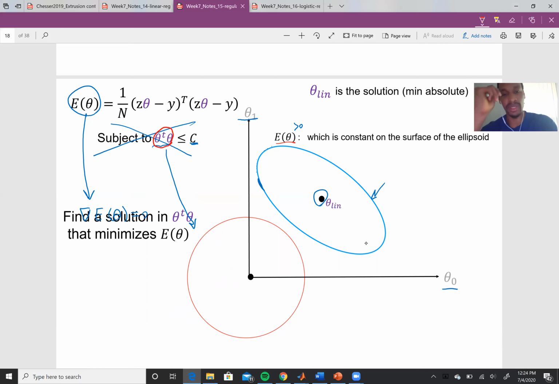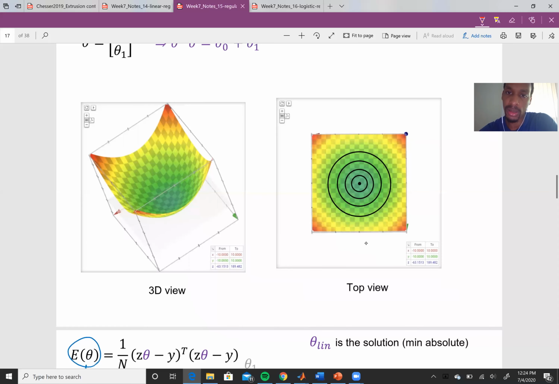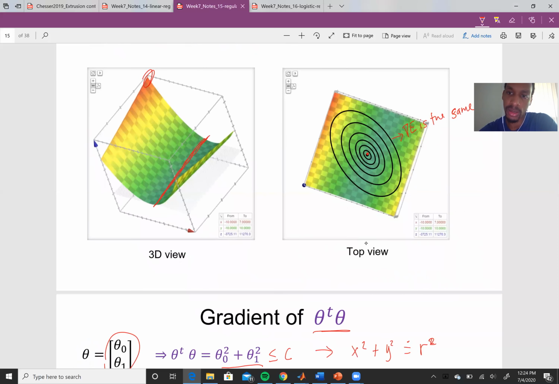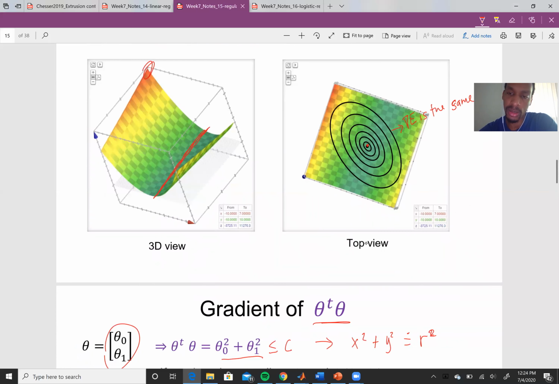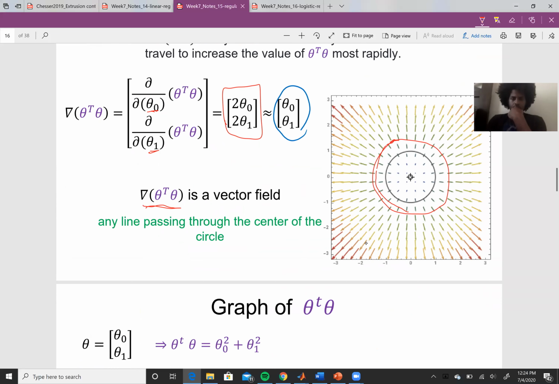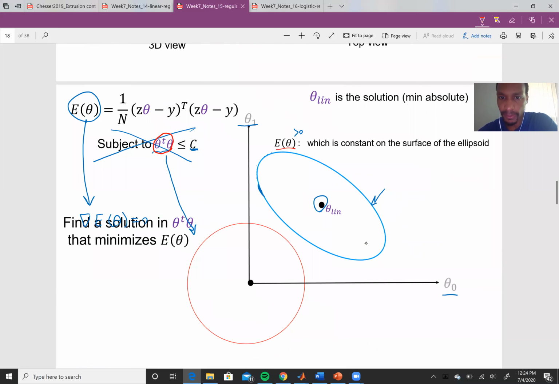So we're saying we don't agree with that, right? Well, what do you mean we don't agree with? So this says E theta.